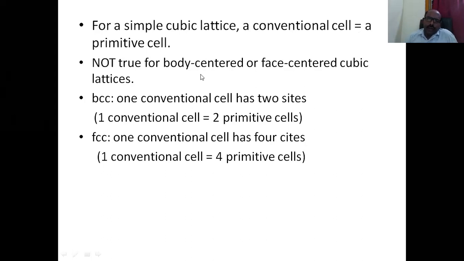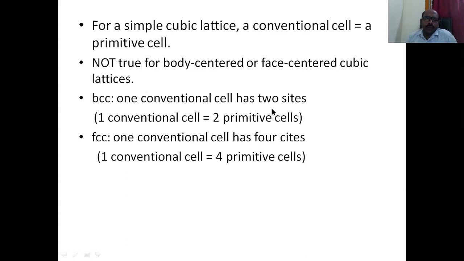It is different because, in BCC, one conventional cell has two lattice sites, or we can say two lattice points per unit cell. For one conventional cell, we have two lattice points. One is the body centered point, and one lattice point is because of the contribution of the corner points.